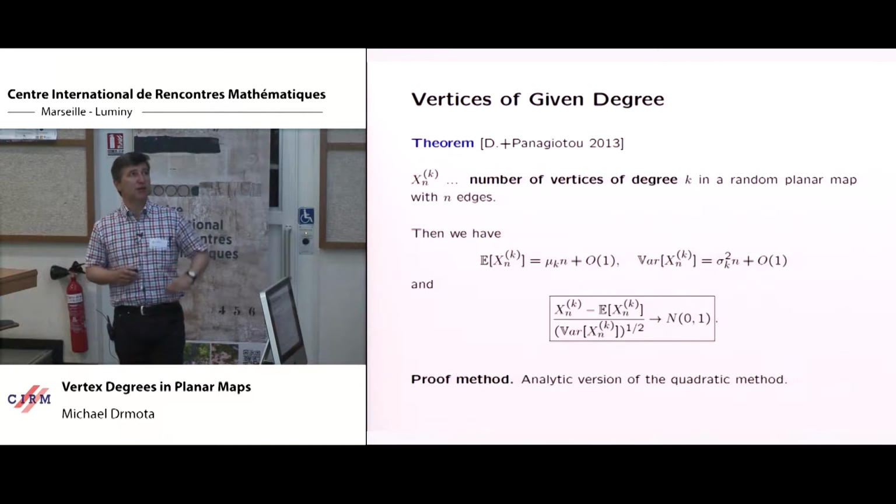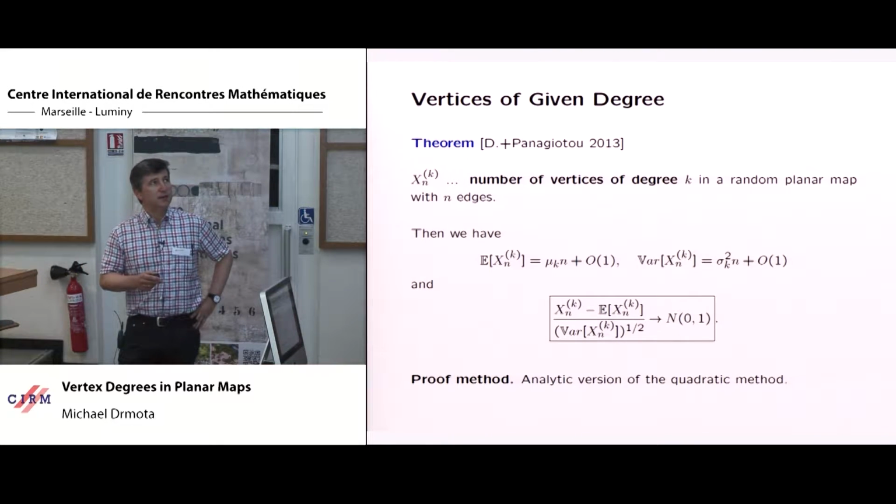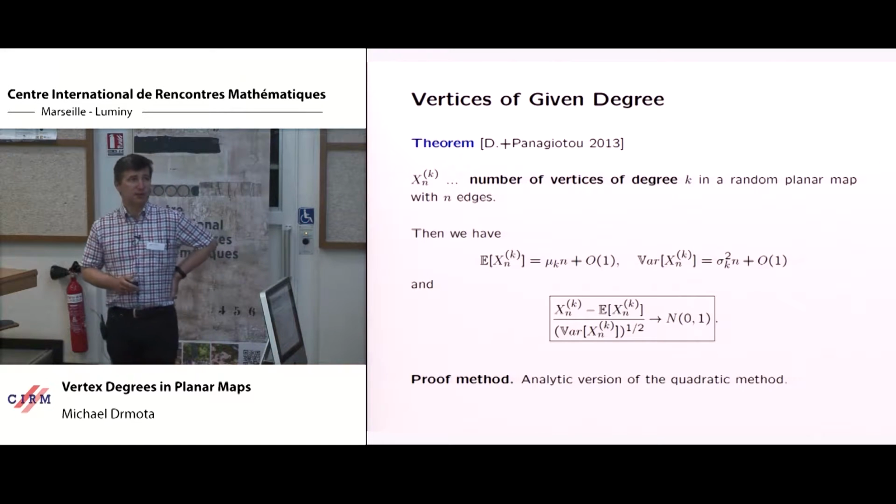This perturbation comes from wanting to also count the number of vertices of a given degree. Anyway, we could show that we actually have a central limit theorem, as expected, for the number of vertices of degree k. The expected value is proportional as before, the variance is also proportional to the number of edges, and we have a central limit theorem.